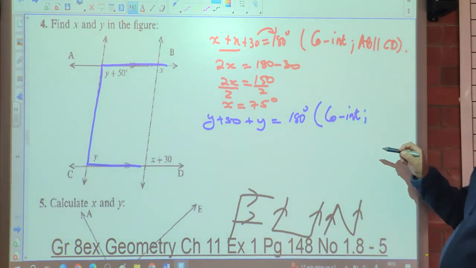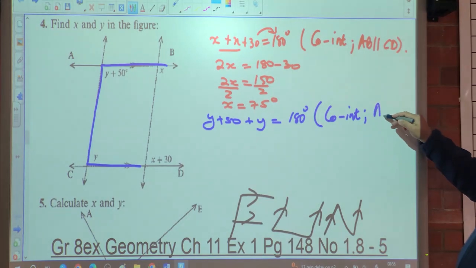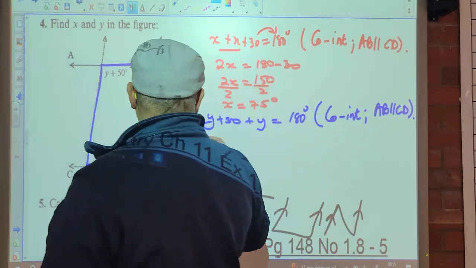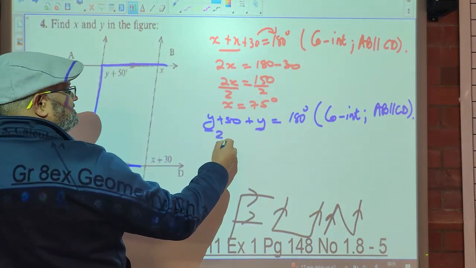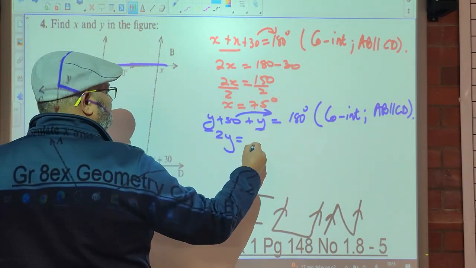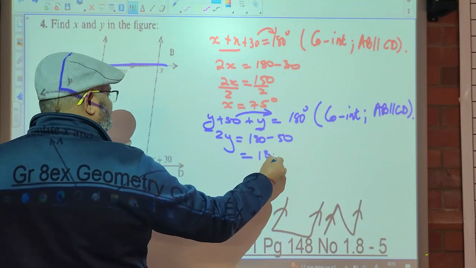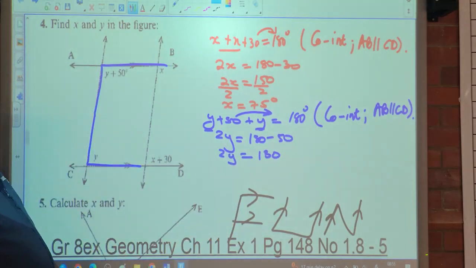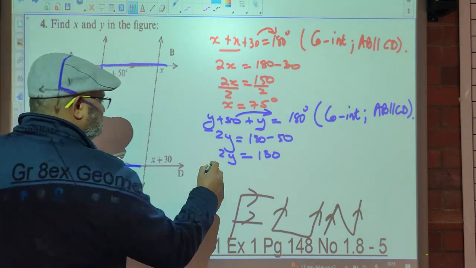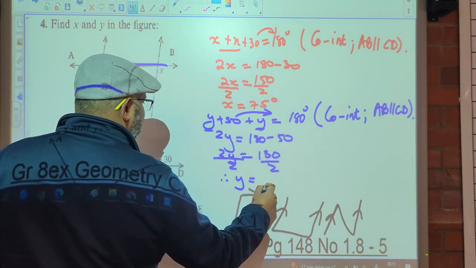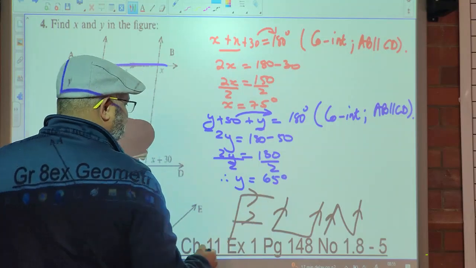Co-interior angles with AB being parallel to. What's y plus y? 2y is equal to 180 minus 50, which is 130. Divided by 2 both sides. Therefore y is 65.